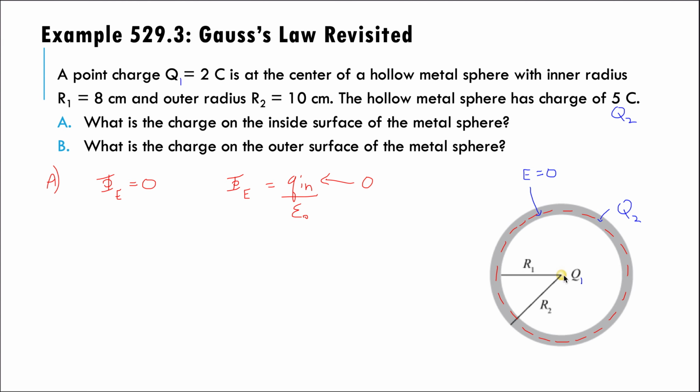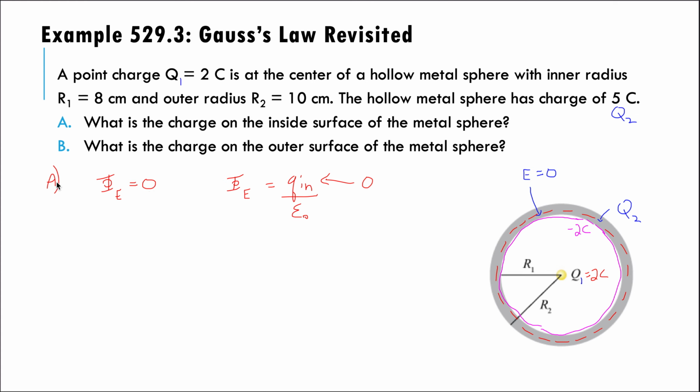So, if we know that Q1 is equal to 2 coulombs, but the net charge inside this Gaussian surface must be 0 coulombs, that means that when the charge is distributed on this hollow metal sphere, it must distribute so that on the inner surface, right here, we're going to have negative 2 coulombs of charge. Then inside our red Gaussian surface, the dashed line here, we're going to have a net charge of 0.